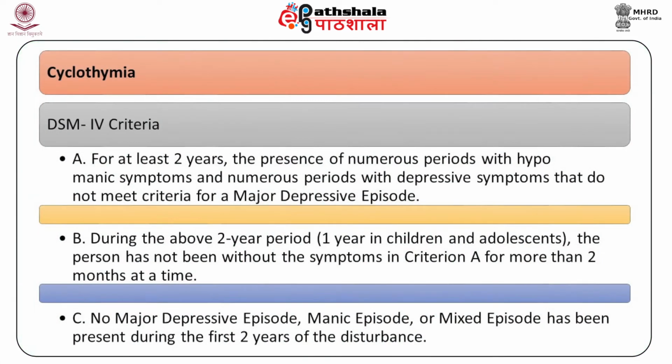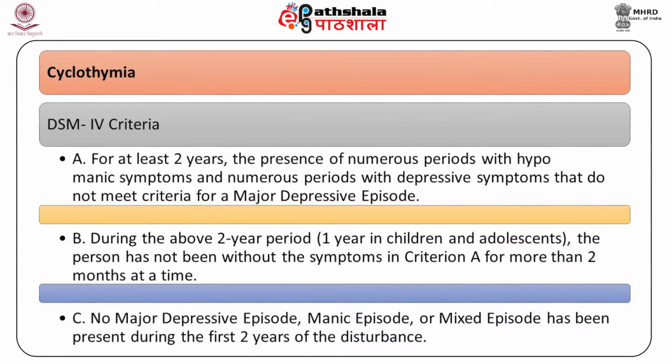Next, we will talk about cyclothymia. The DSM-4 criteria for this are: A. For at least 2 years, the presence of numerous periods with hypomanic symptoms and numerous periods with depressive symptoms that do not meet the criteria of a major depressive episode.